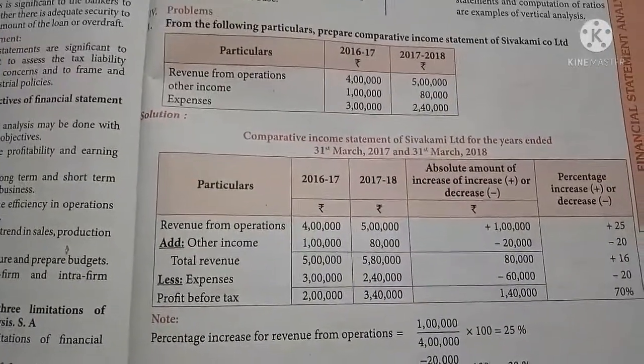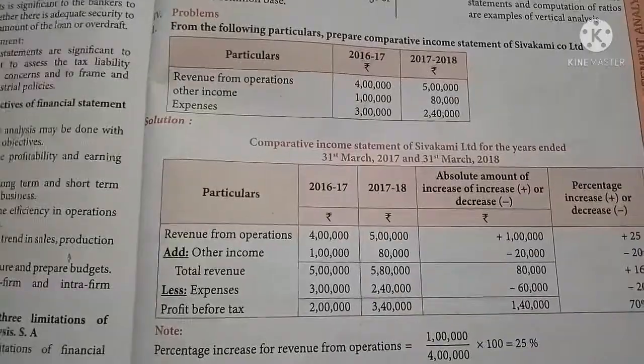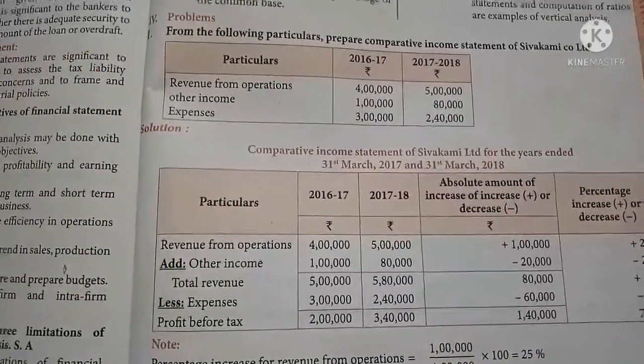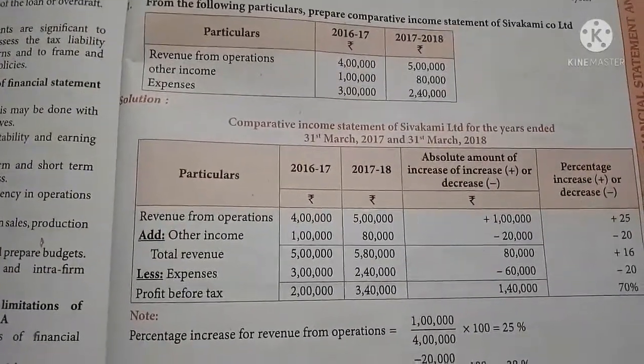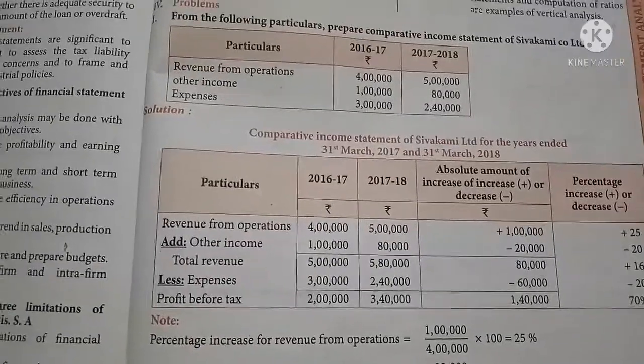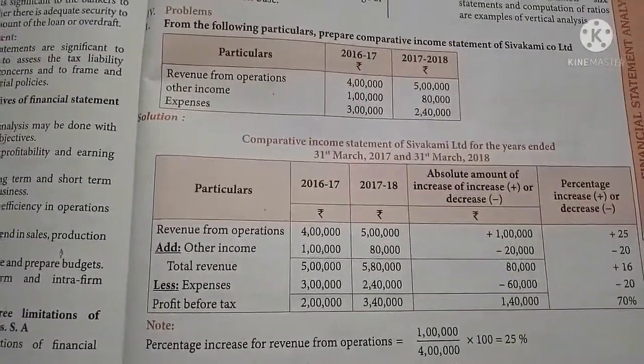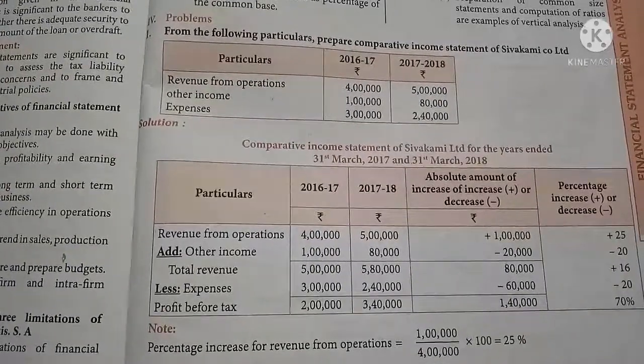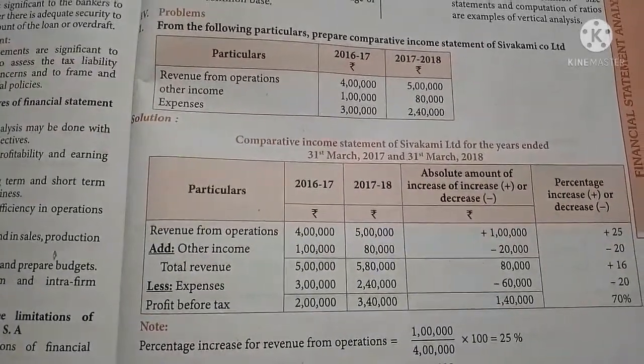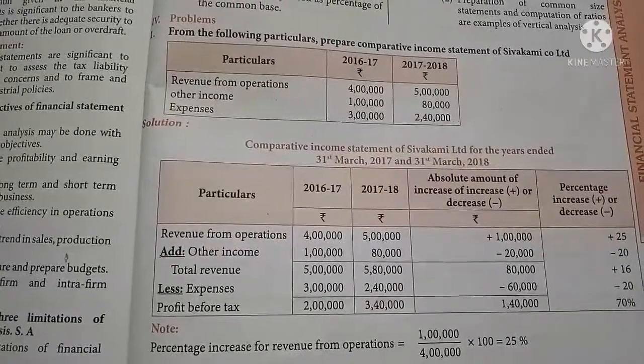The difference is plus 80,000. It increases. Also find the percentage: 80,000 by first year amount 5 lakh into 100. The percentage is plus 16 percent.